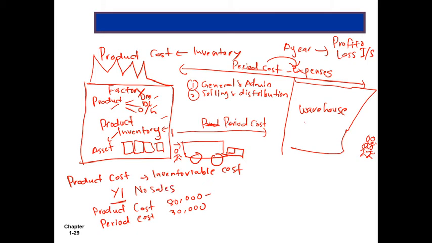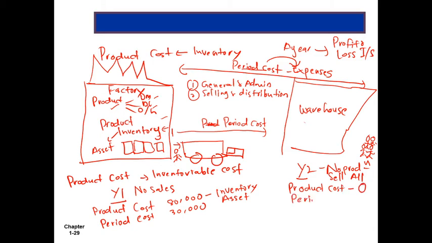Then this is considered as inventory. This inventory we consider an asset. But in year two, we assume no production, but we sell all the product. So product cost is 0, but period cost is 20,000.